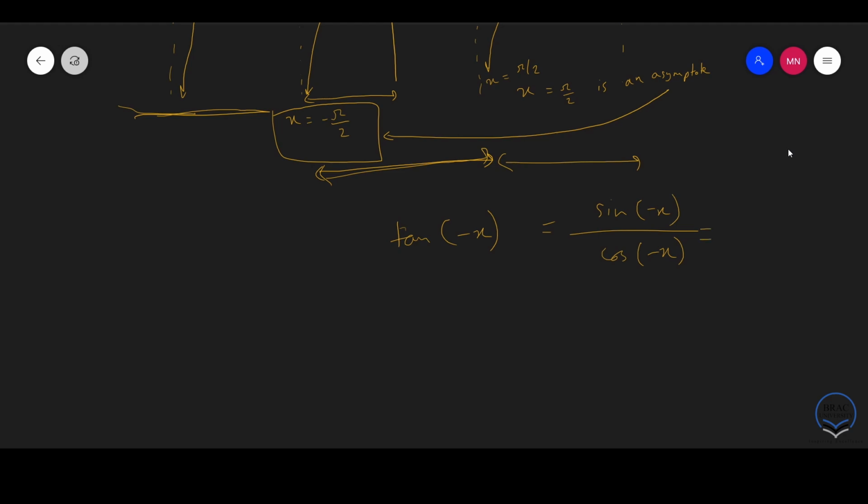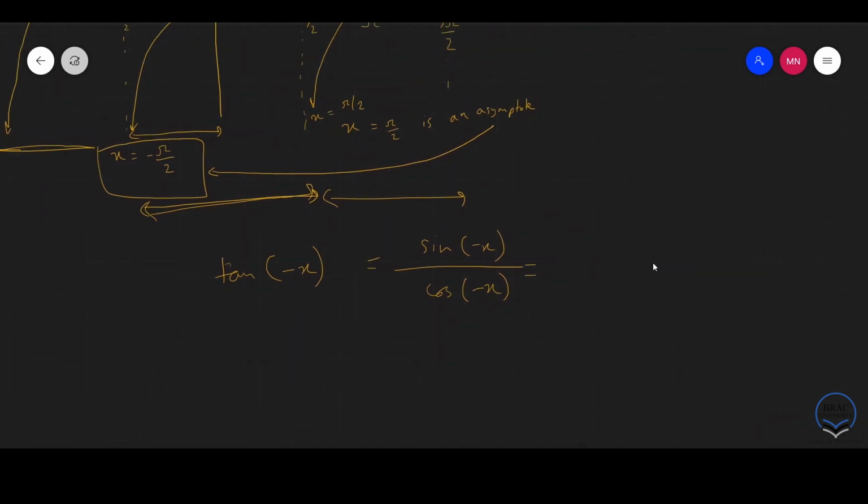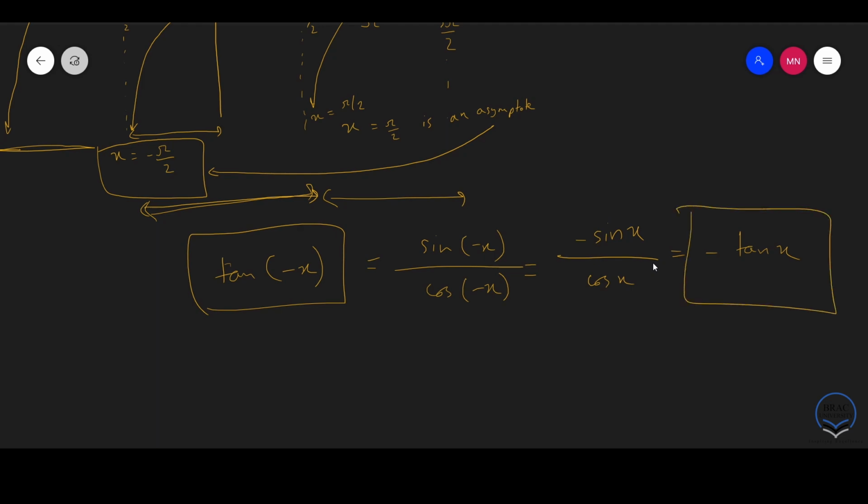So once again, from our trigonometric identities, we know that this will be minus sine of x divided by the cosine of x, which will give us minus the tangent of x. Right, so we can see from here that the tangent of minus x will be equal to minus tangent of x.